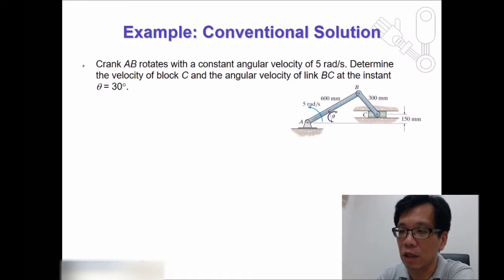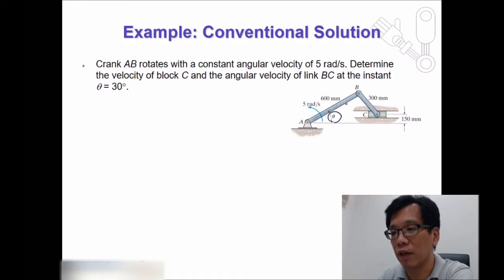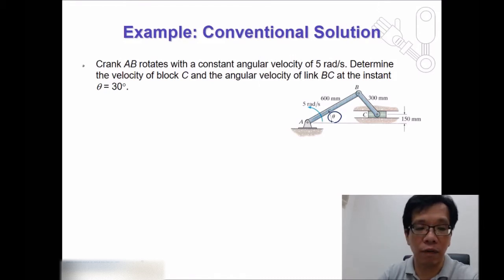Theta is over here, and we have a configuration A, B, and C. In this specific problem, block C needs to move horizontally. It cannot move vertically, which means the direction of movement has been restricted. That will give us a lot of benefit in figuring out the angular velocity of bar BC.